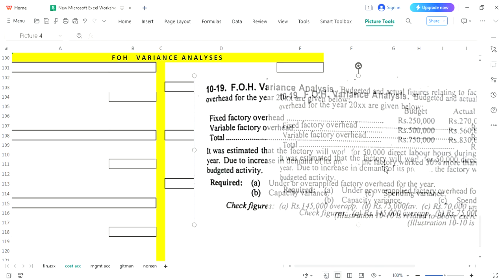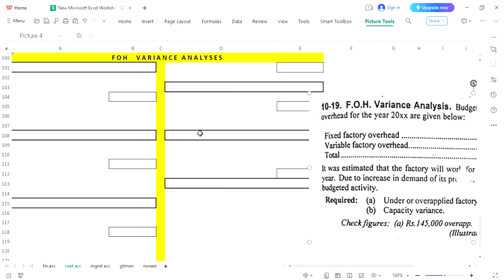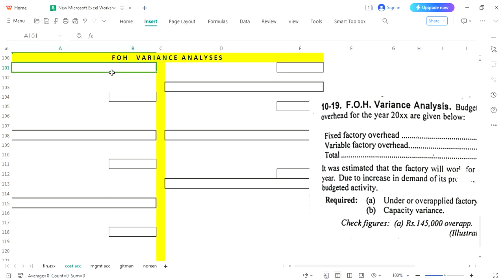Right now we will be focusing upon writing our variances. The very first variance which we will calculate is called total variance or overall variance. And how do you calculate it?